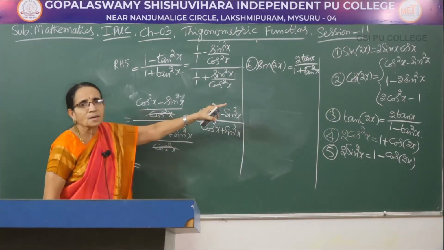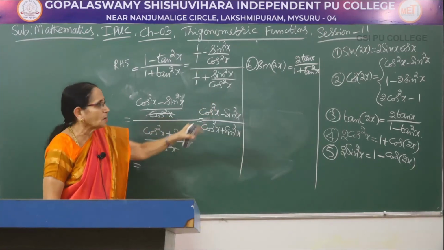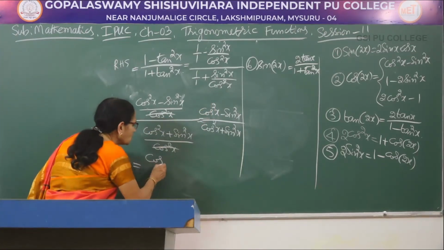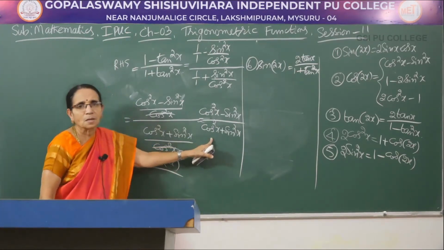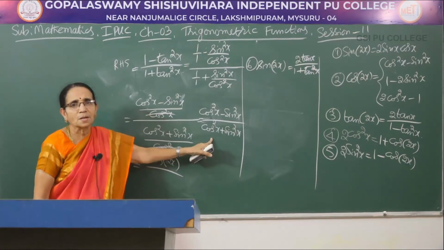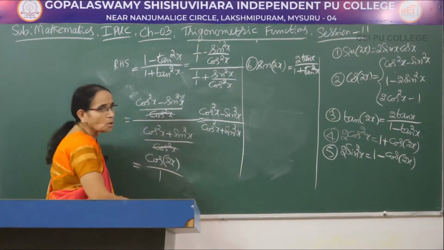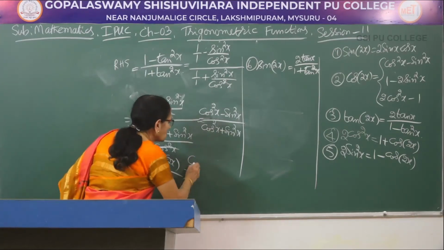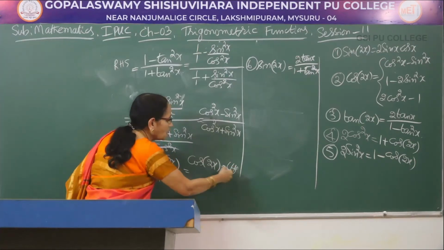Now look at the second result: cos of 2x equals cos square x minus sin square x. So the numerator can be replaced by cos of 2x. And look at the denominator. Again we have the basic identity, cos square theta plus sin square theta, whose value equals 1. Therefore it is cos of 2x, which is nothing but the left hand side.